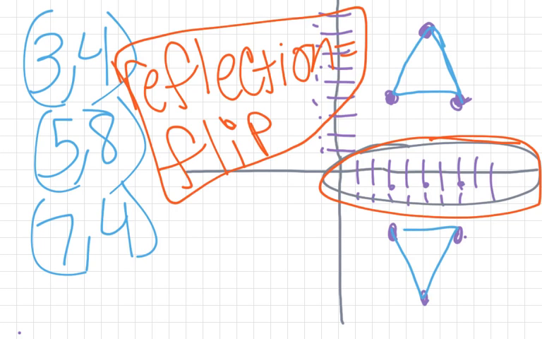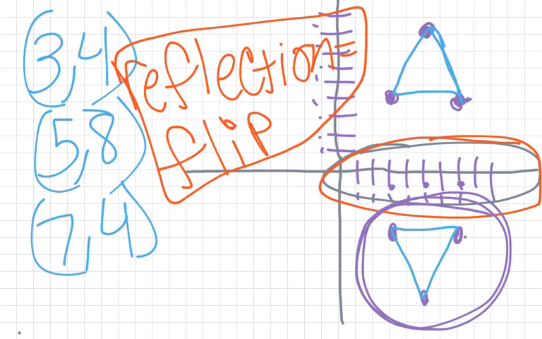So, my new reflected image would be an upside down triangle on the other side of the x-axis. Does that make sense? Now, just understand, reflections can happen down or they can reflect up above itself. Does that make sense? Just remember, with reflections, all 3 points will become new different points.